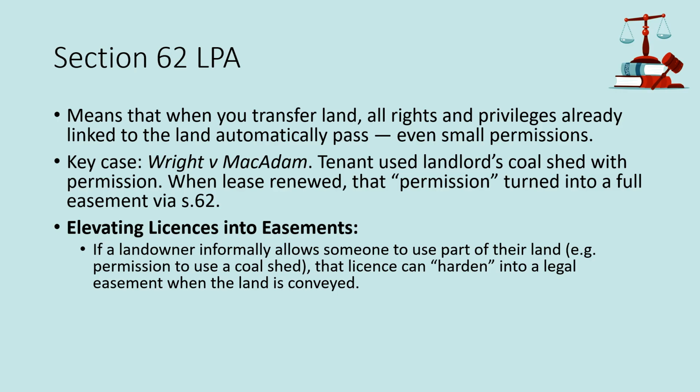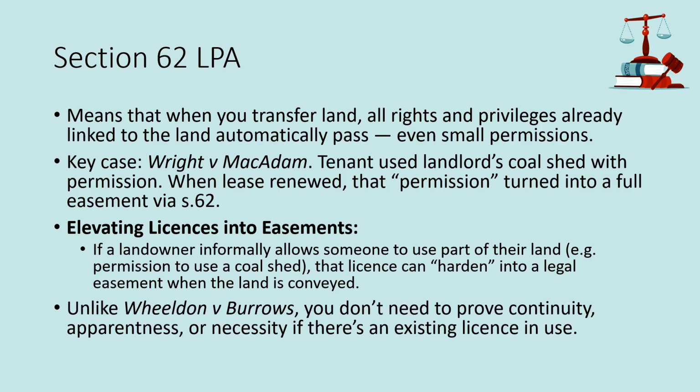This could be something like the permission to use a coal shed. It could be also something else, but the main thing is that there's a personal license that hardens into a legal easement and is now becoming legally protected at the point of conveyance or the point of sale, point of lease, and so on.